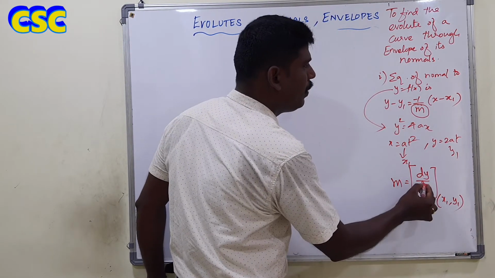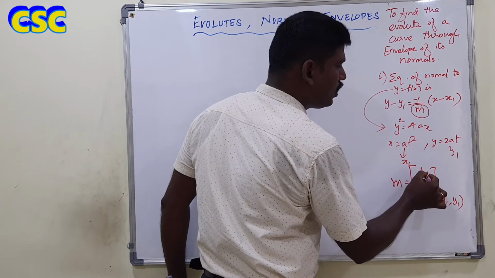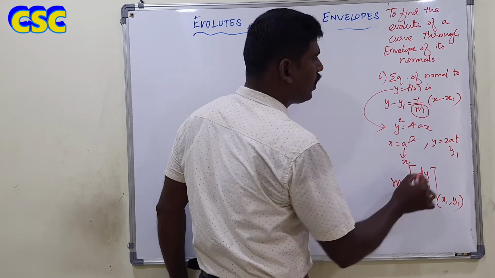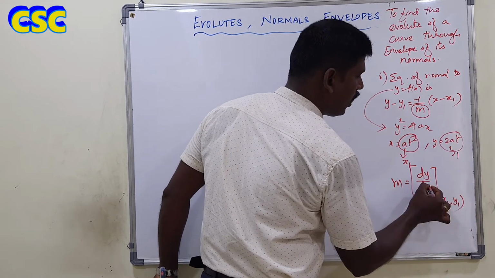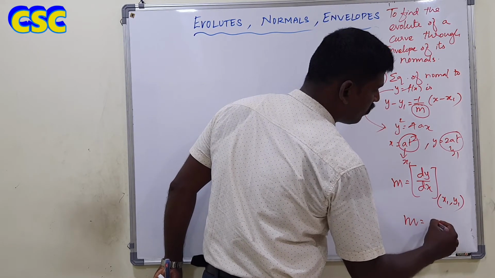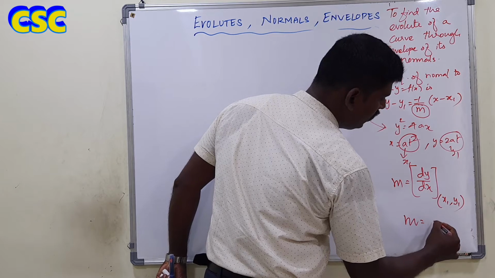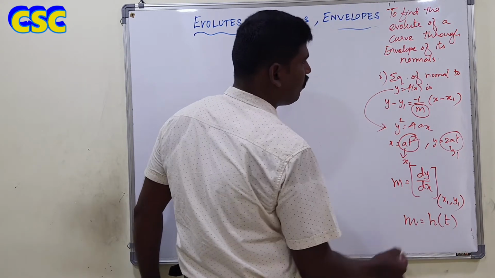How can we obtain dy by dx? The given curve is y equal to f of x. Taking the derivative with respect to x, you get dy by dx, and substituting the point at square comma 2at here, you can get the value of m in terms of t. Okay, right?